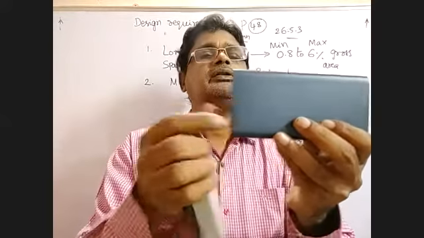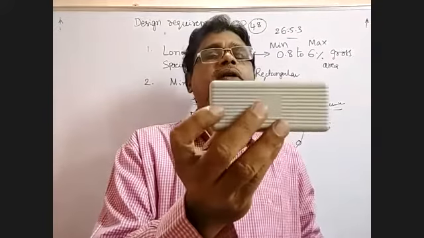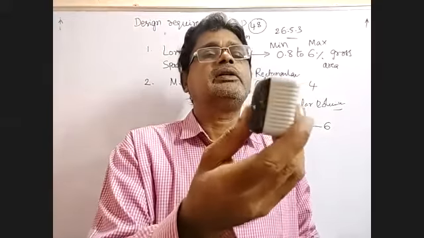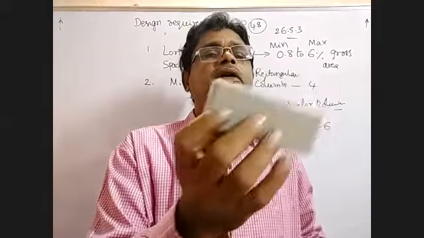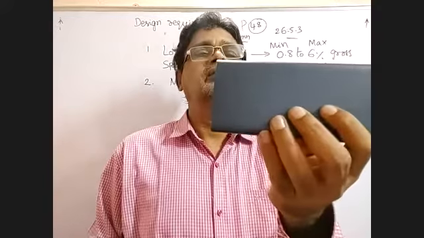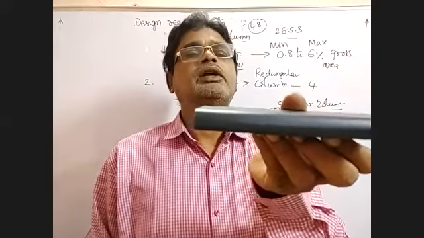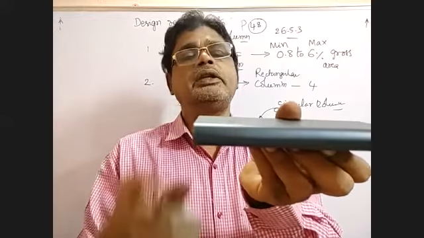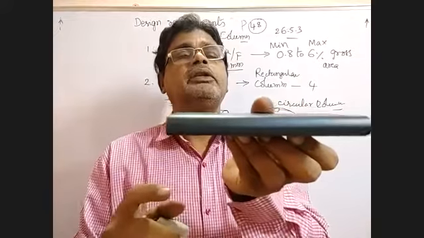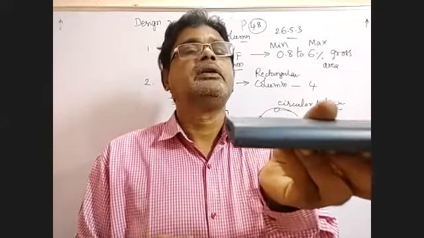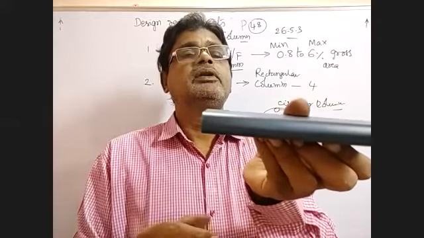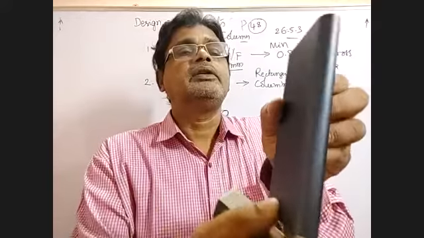The name is beam, a vertical member. Okay, this is the cross section. Now this is beam, and now we are using a horizontal member. This we call a plate. The thickness is very, very small when compared with the length and breadth. This is slab. And here, this is column.